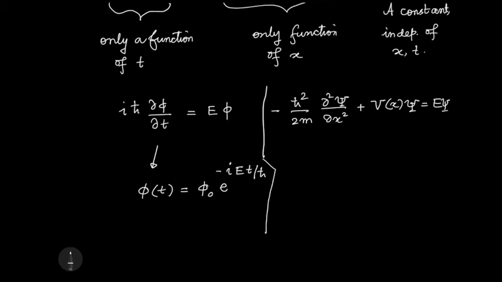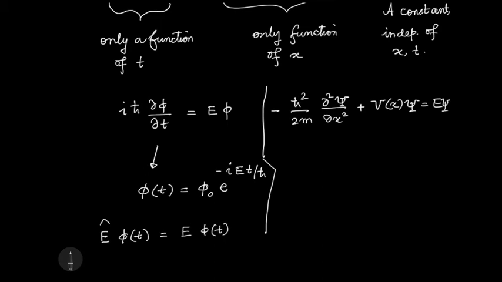And immediately you know now why I am calling it E, because if I operate phi with the energy operator, this gives me E phi. You can try that out.